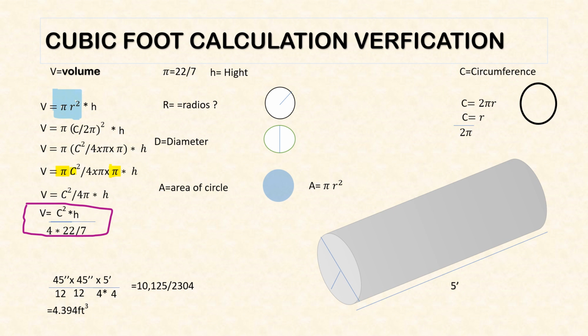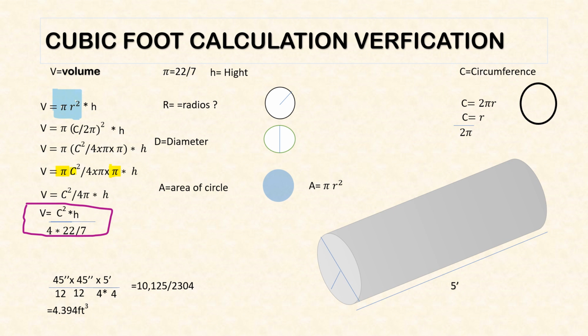The volume of the same could be written as, you can see on the left corner of the slide, V for volume, V equals πR squared into H, where π represents 22/7 and H represents the height.